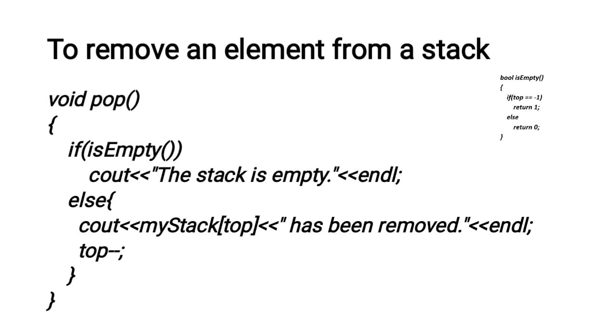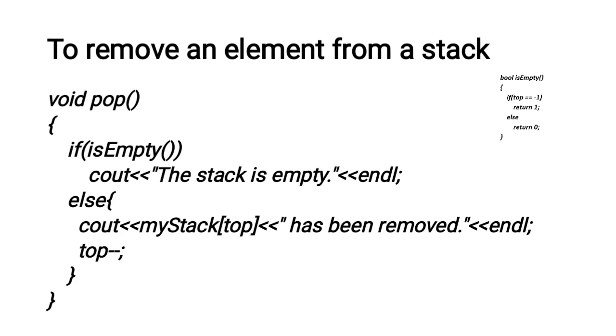Then inside my function, I've just used an if else statement, and then inside the if else statement, I've just put a condition. My condition is is empty. Why am I using that one that is called is empty? I'm calling my function that I've highlighted over there on the top right. I've just put the function over there of is empty.